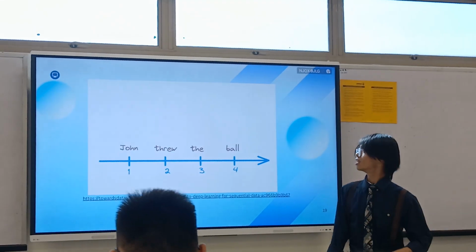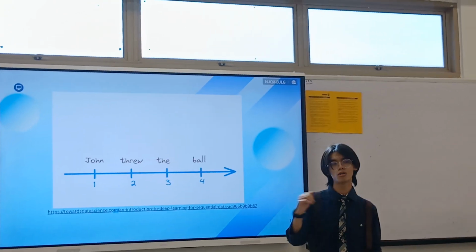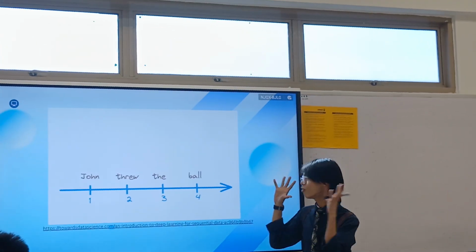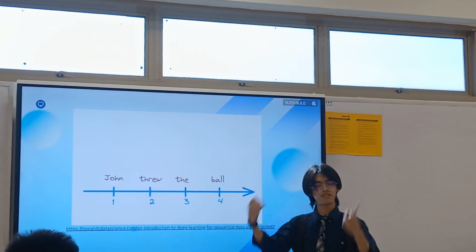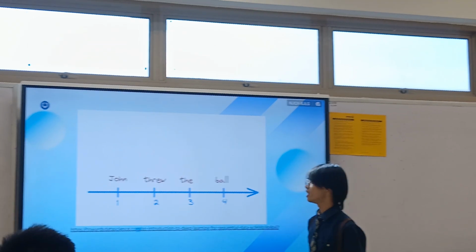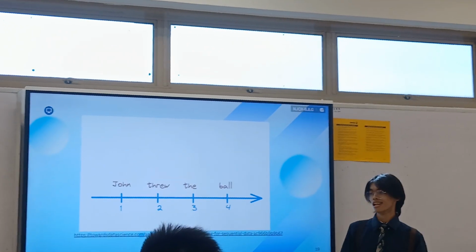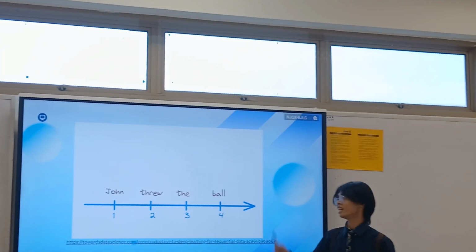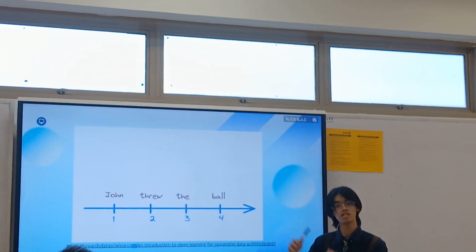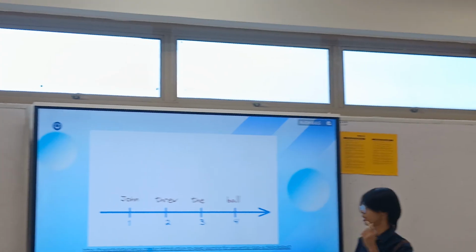These two sentences, John threw the ball and the ball threw John, have completely different meanings, even though they use the same exact words. This is sequential data, data where sequence and arrangement matters. Next slide.